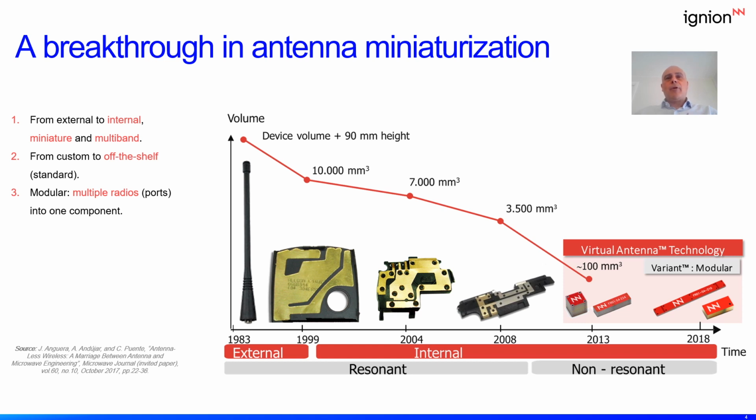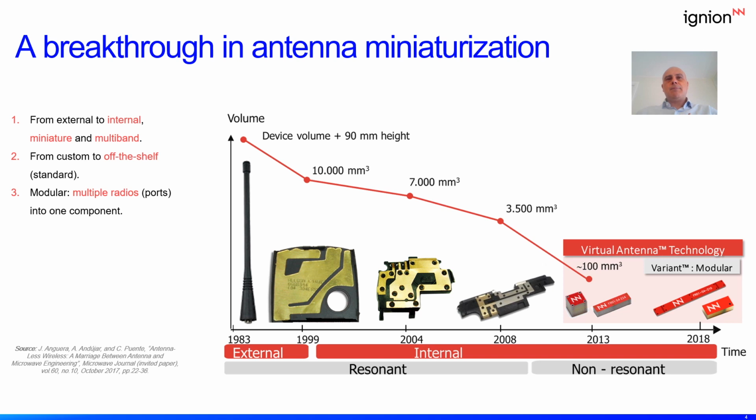Virtual antenna represents a big breakthrough in antenna miniaturization. As you can see in this plot, we have the first external single band monopole antennas, very big in volume. Back in 1996, 1999, the first internal antennas appeared, with still high volume.